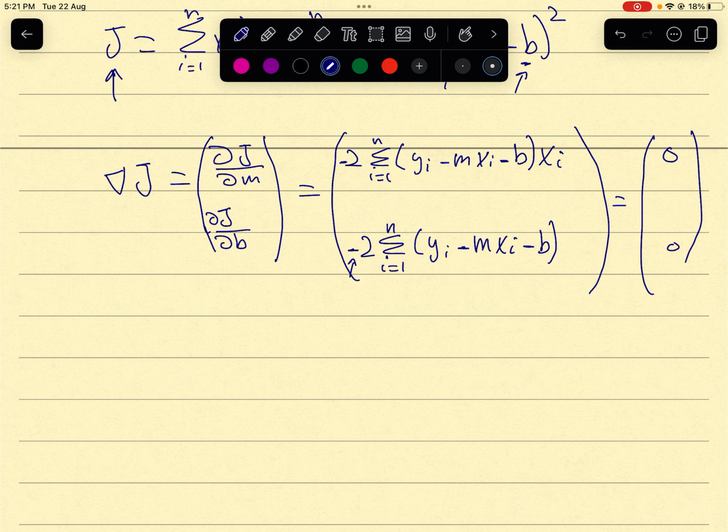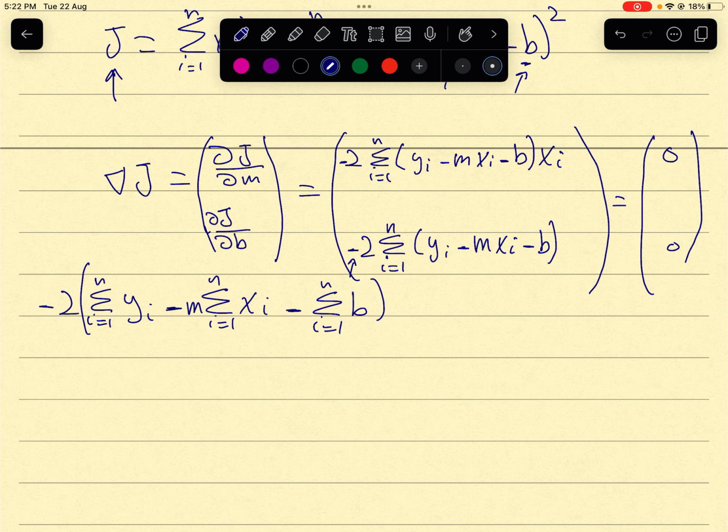So I will use the second equation, minus 2 sum i equals 1 to n of yi minus sum i equals 1 to n of m xi, I can put the constant outside the summation, minus sum i equals 1 to n of b, equals 0. I can divide both sides by minus 2.